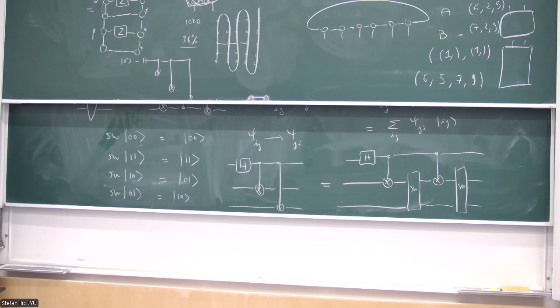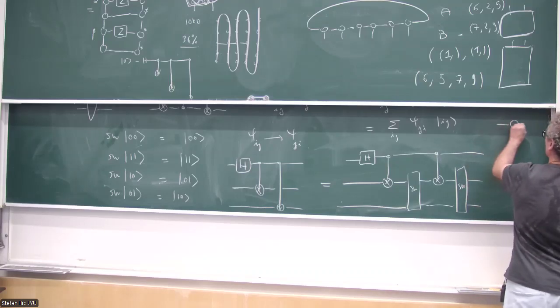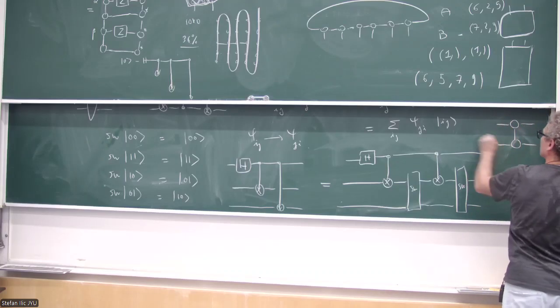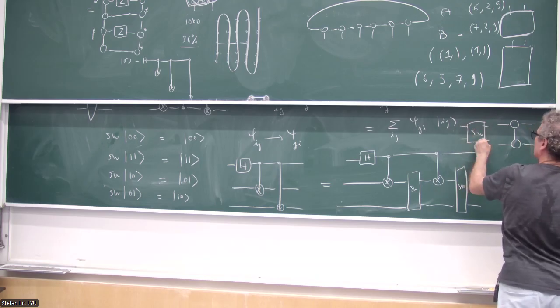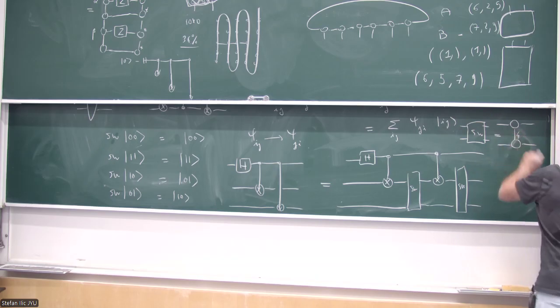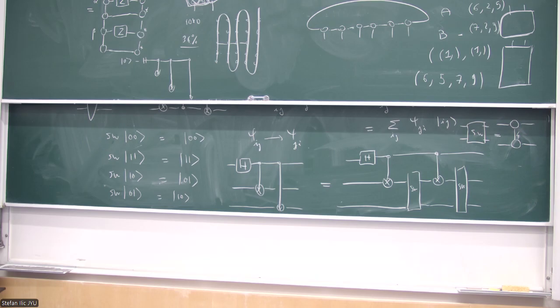Swap is a rank 4 gate. If you factorize swap, you will write something like this. Here, it's not 2 like what you had in control node, it's 4. So actually, it can create a lot of entanglement.